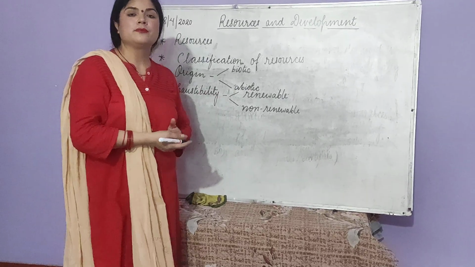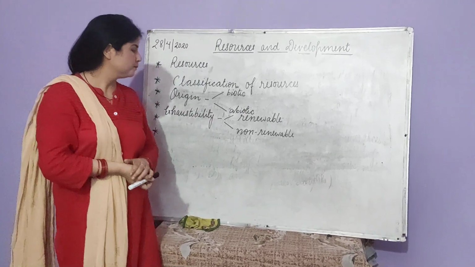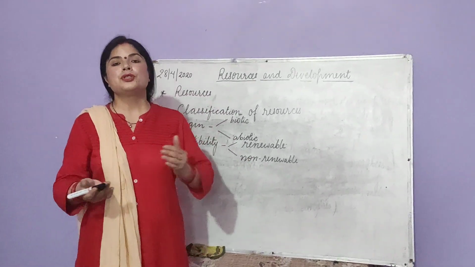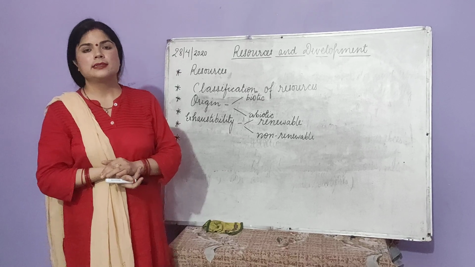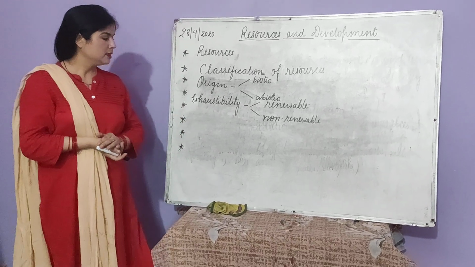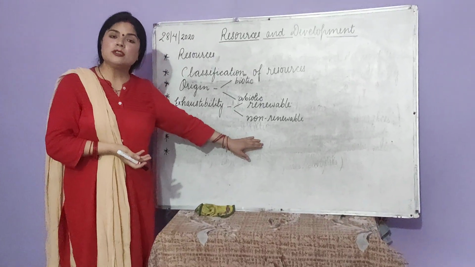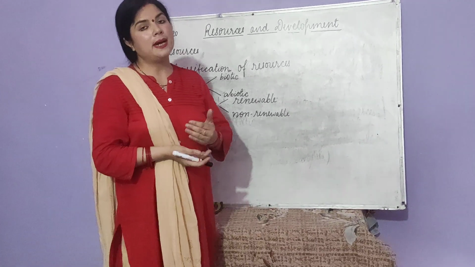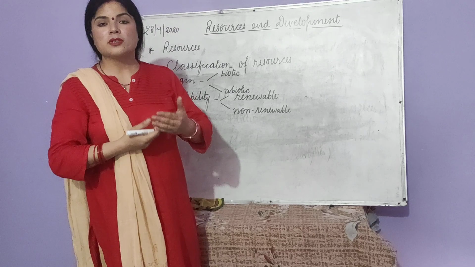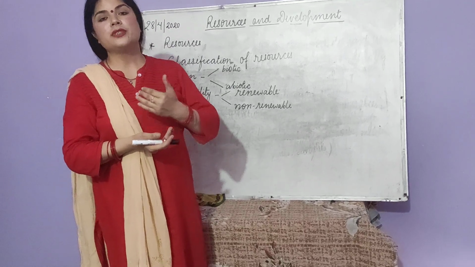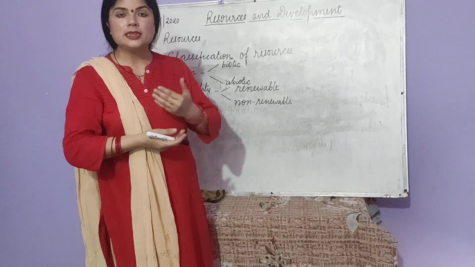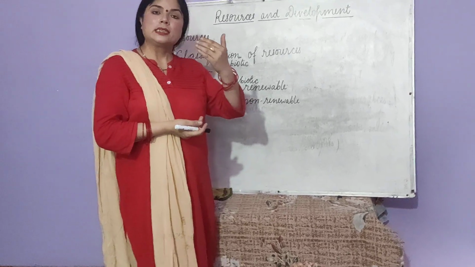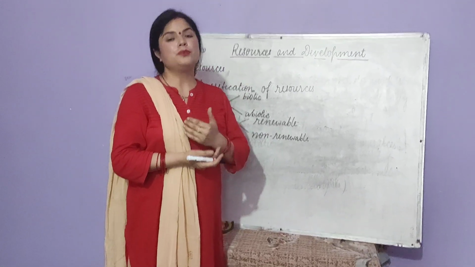For example, solar energy, wind energy, water resource, trees, plants, and so many other things. And non-renewable resources are those resources which we use, but it's not possible that the quantity of these resources can be recovered rapidly. It takes thousands of years to be recovered.